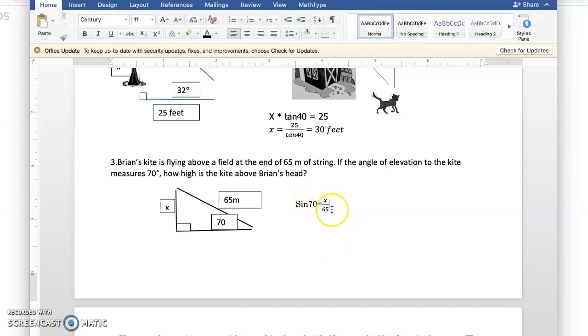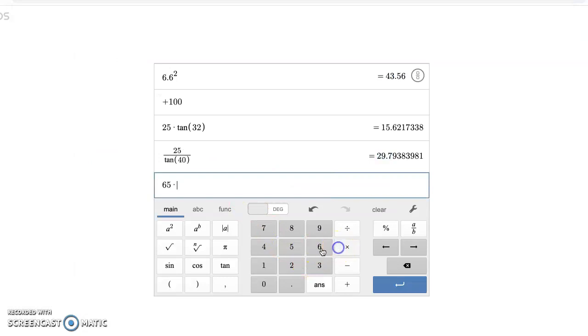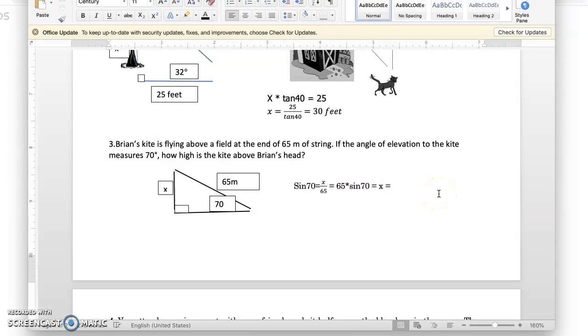And then we're going to cross multiply, and we'd have 65 times the sine of 70 is going to be equal to x, or the height. So we go back to our calculator, 65 times the sine of 70, and that means the kite is about 61 meters above his head.